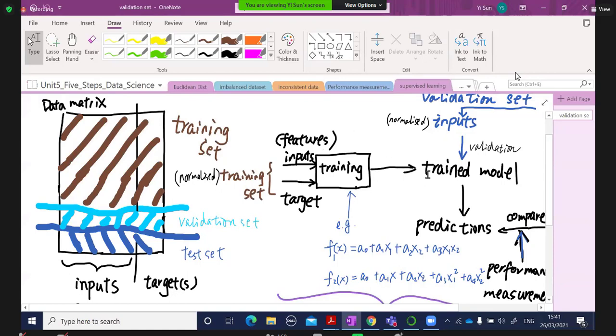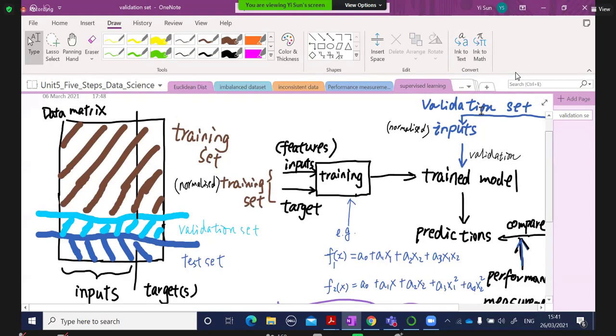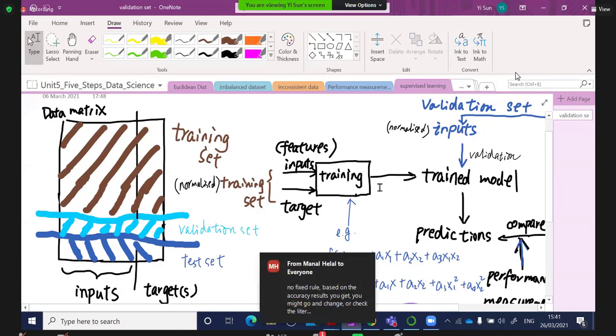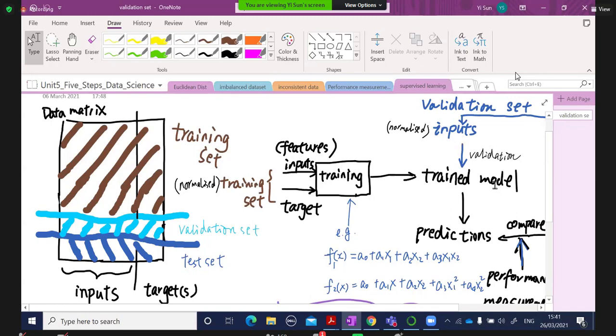After we train the model, the trained model should be validated on the validation set. The validation set is used to measure the model's performance and also to decide which user-preset parameter value we should use, the hyperparameter value. Here we have two. I don't know which model I should use, so I use two.